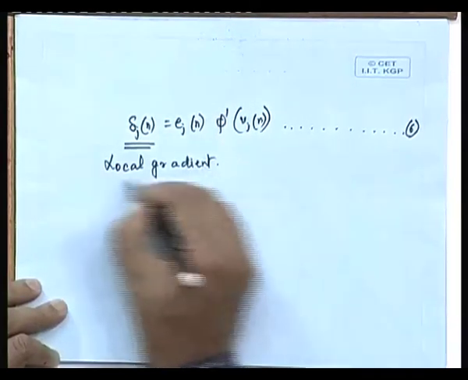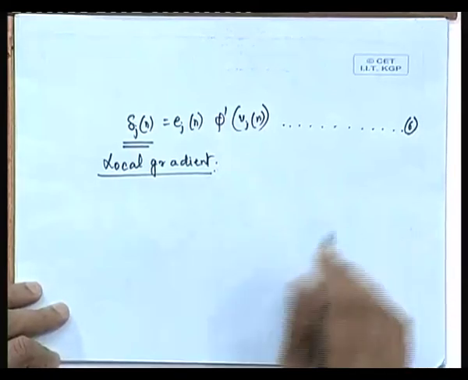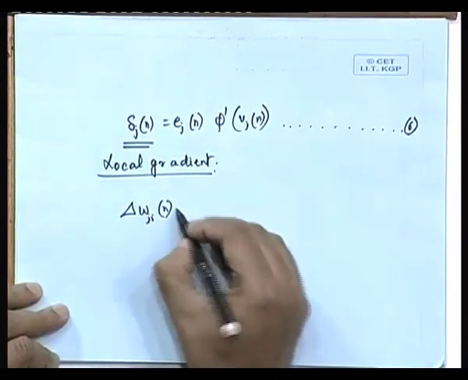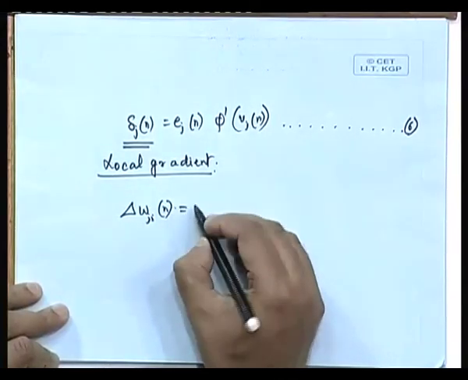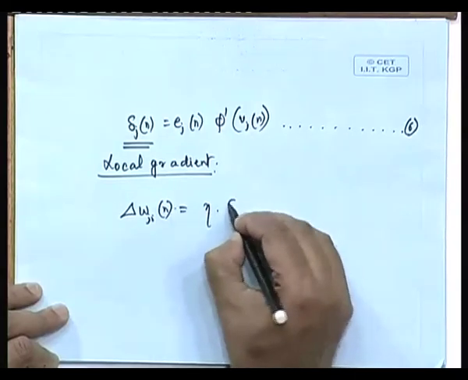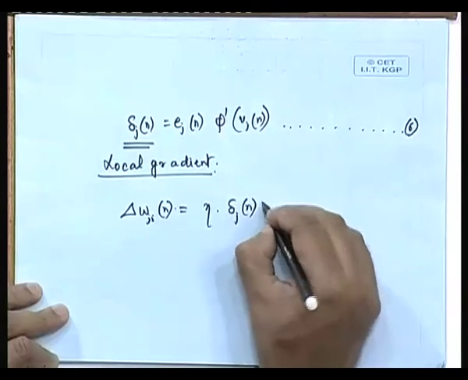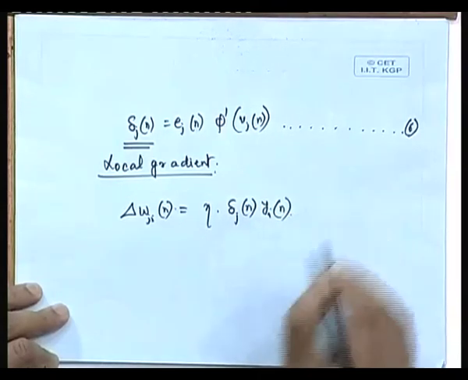Okay. So with respect to the local gradient, we can express the change of weight that takes place, that is delta w_ji(n) is equal to eta, the learning rate, times delta j(n), that is the local gradient, times y_i(n), which is the input.